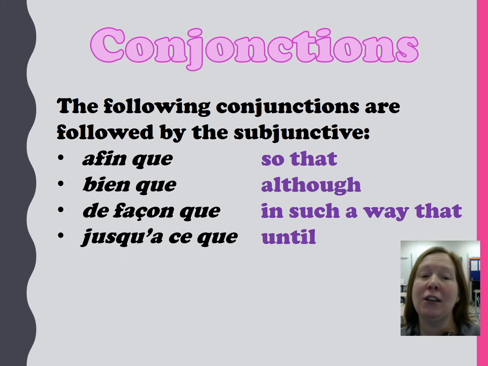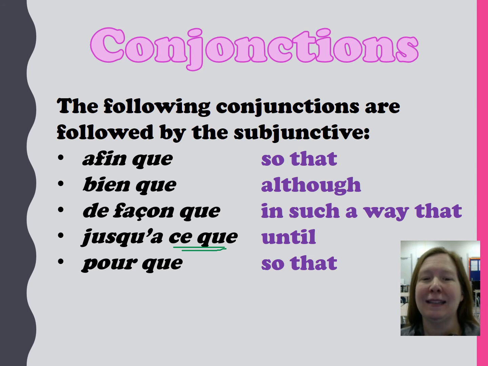Now you've seen jusqu'à, meaning until, but usually you've said things like jusqu'à la classe or jusqu'à 2 heures. This, you have to use this ce que when you're going to follow it with a subject and a verb. So if you want to say until something happens, jusqu'à ce que is what you're going to use. Pour que, so that. Quoique, even though.